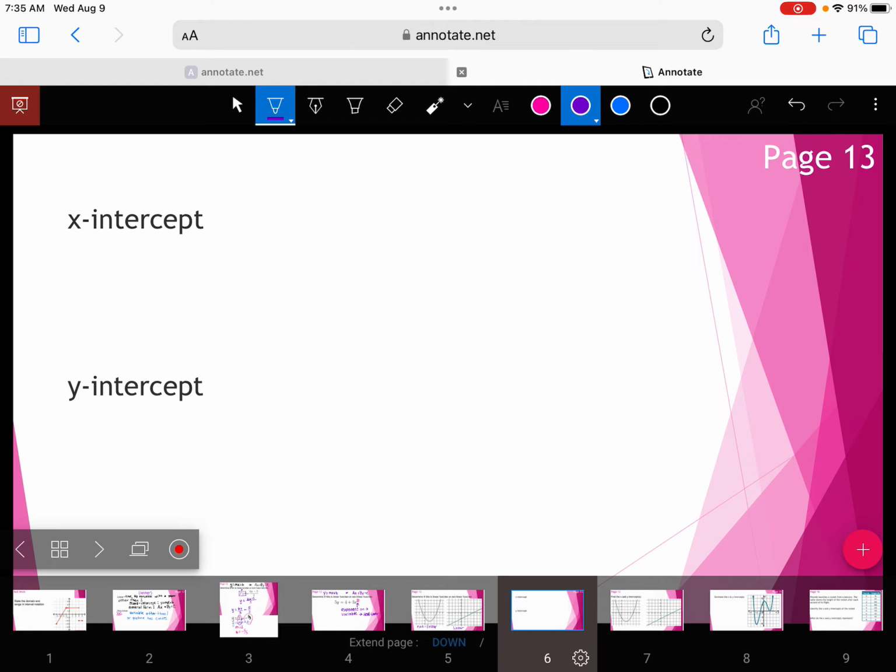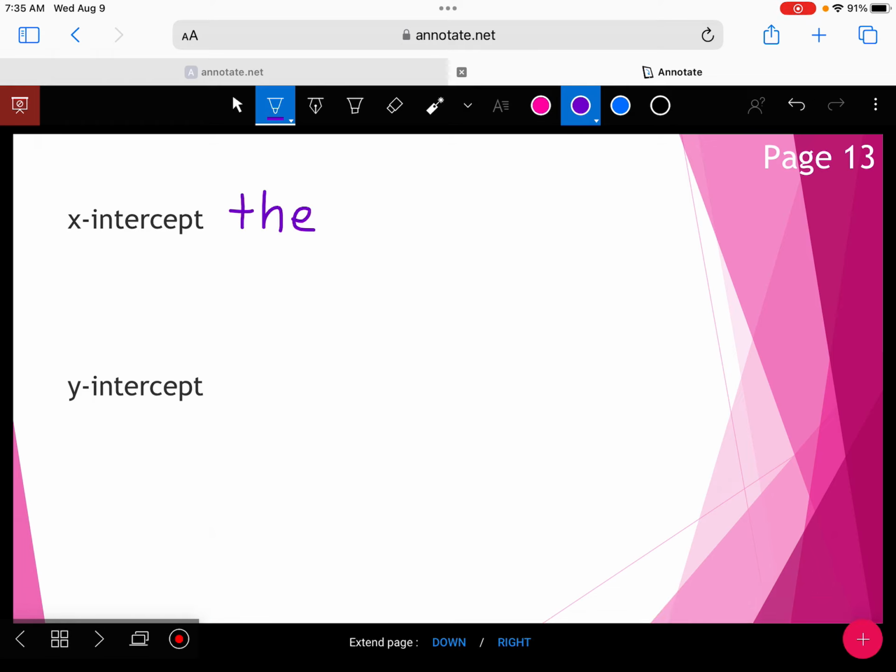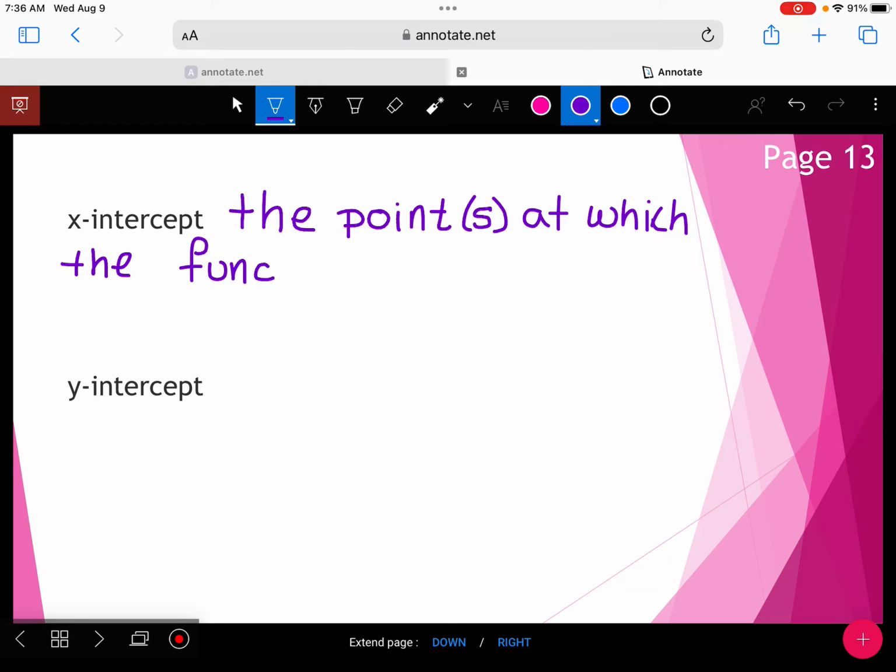So an intercept is where it crosses. So an x-intercept is the point or points, I'm going to put the little parentheses S, so it could be more than one, at which the function crosses the x-axis.